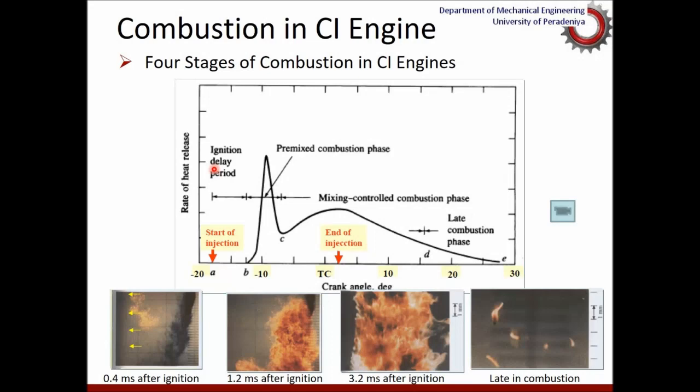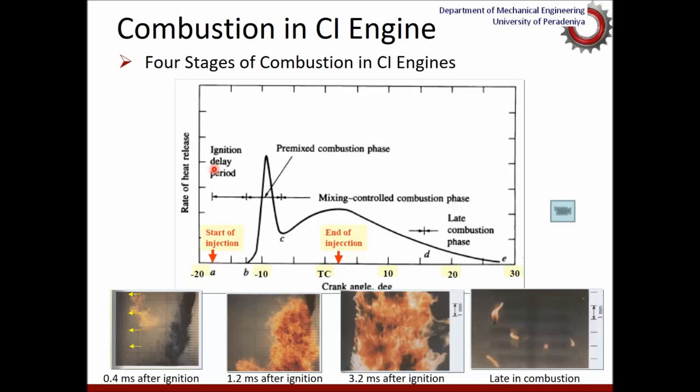And then as the droplets of fuel mix with air, there is a pre-mixed combustion phase, as in the case of petrol. Next, after pre-mixed combustion, the mixing controlled combustion takes place. That is, the burning rate decides how the mixing of fuel and air takes place, and as they mix, they burn together with air.